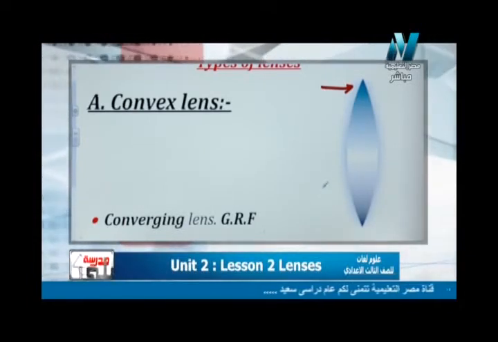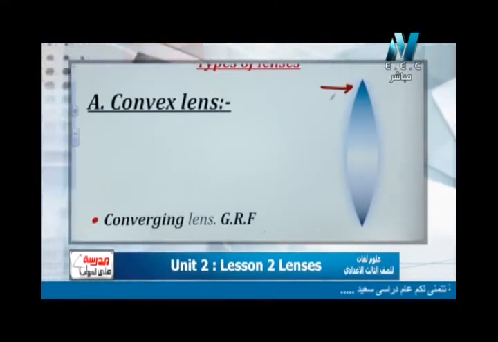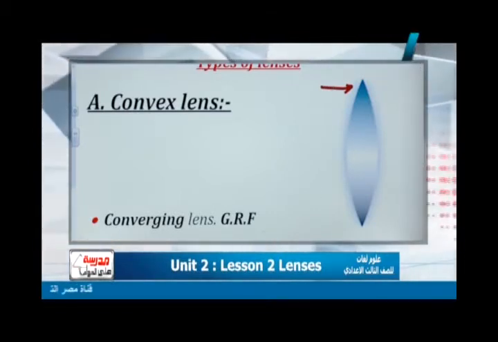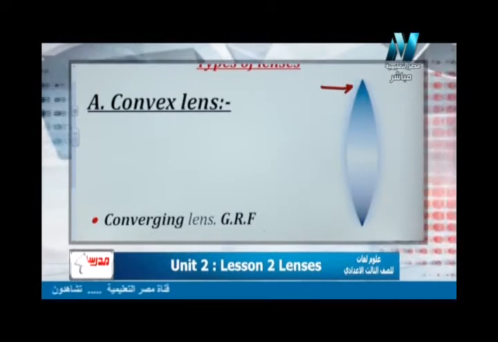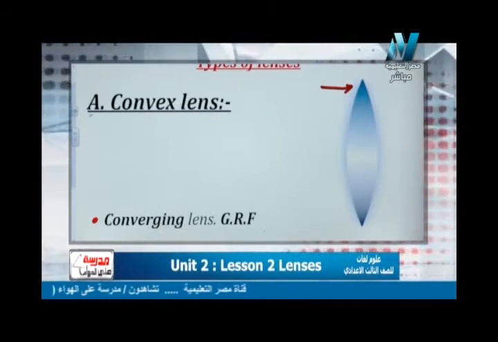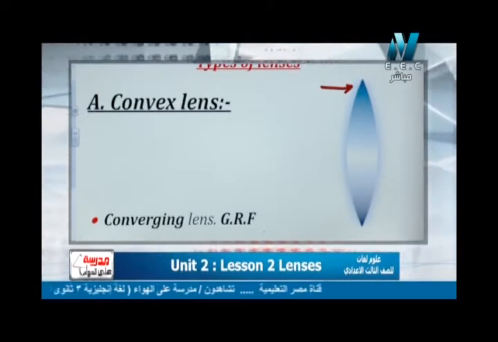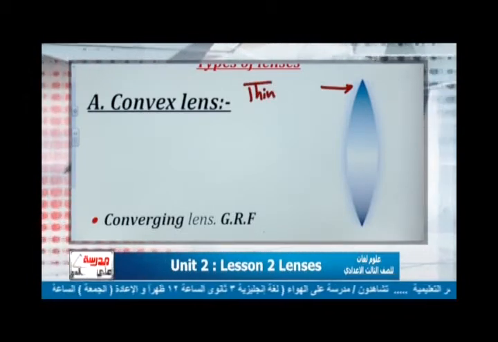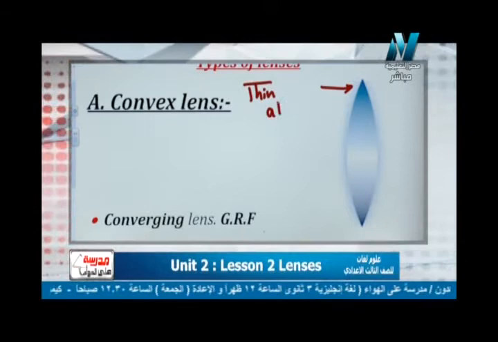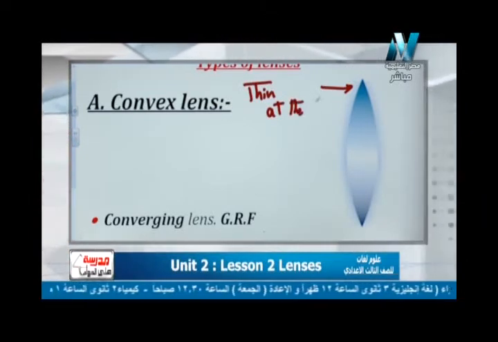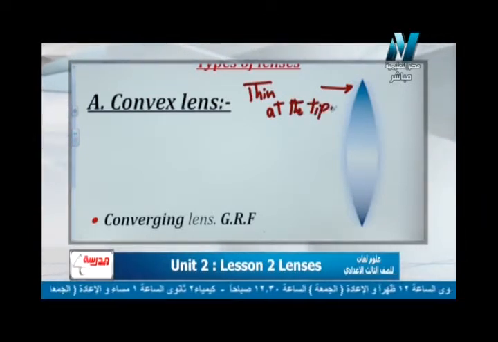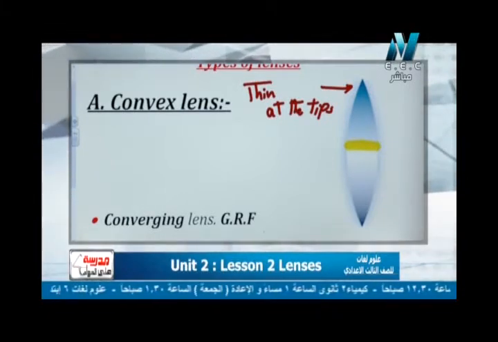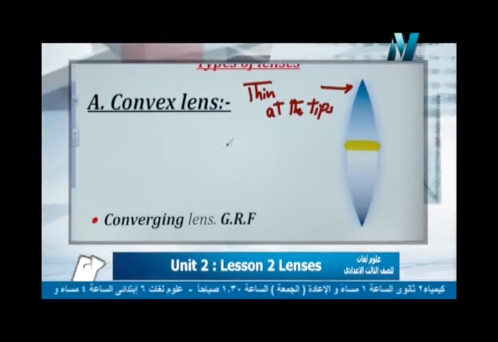Convex lens. Why? Because these lenses are thin at the tips and thick at the middle. So here I will say convex lenses are thin at the tips, and at the same time they are thick here at the middle.